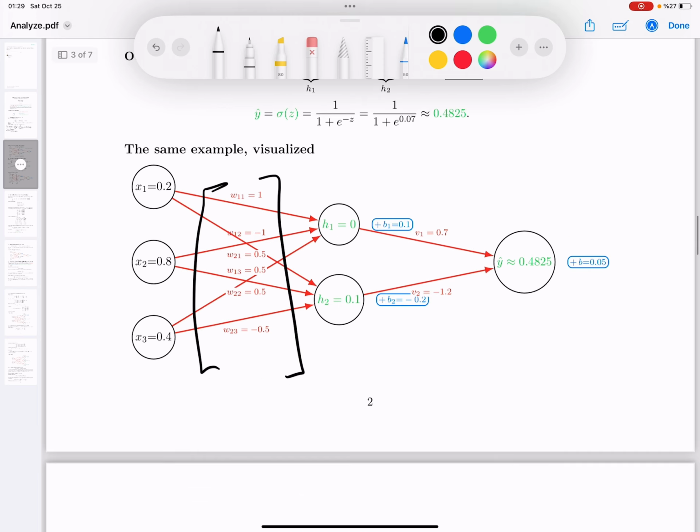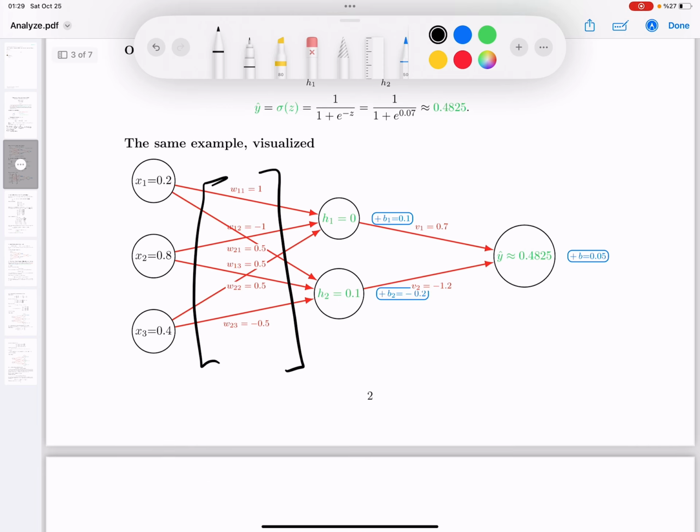We have inputs x1, x2, x3, and hidden neurons, hidden neuron 1, 2, 3, 4.